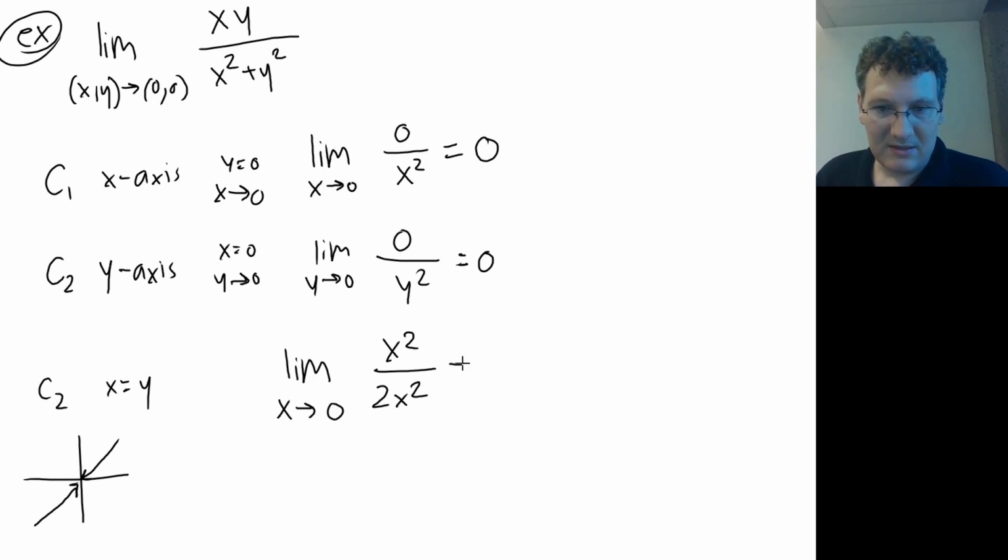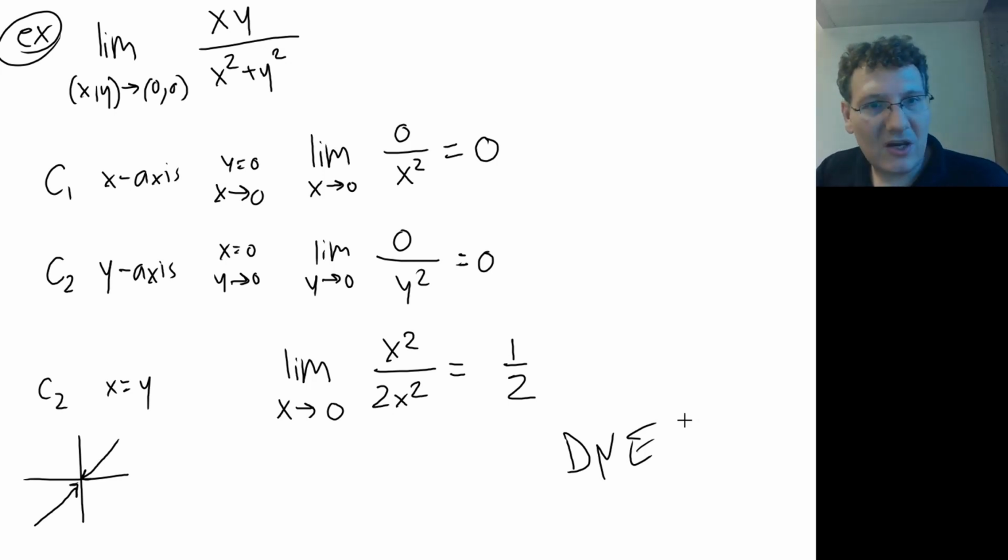Well, this is 1/2, which is not the same, so the limit does not exist. So you can see how, by carefully choosing a path, you can find different limiting values and show that a limit doesn't exist.